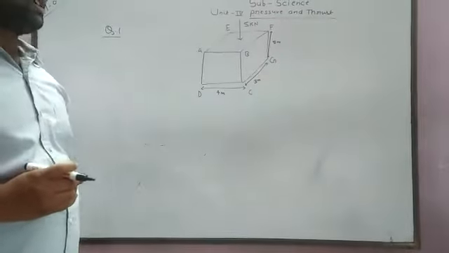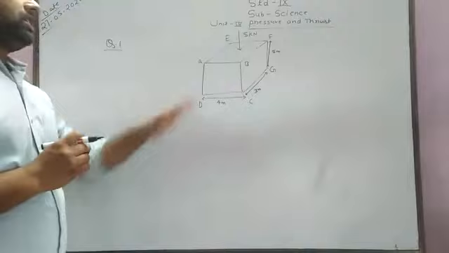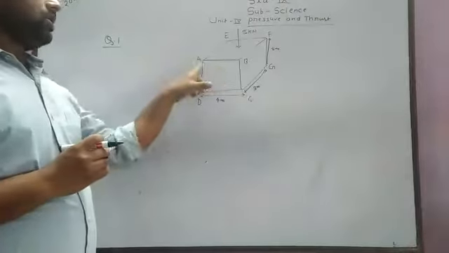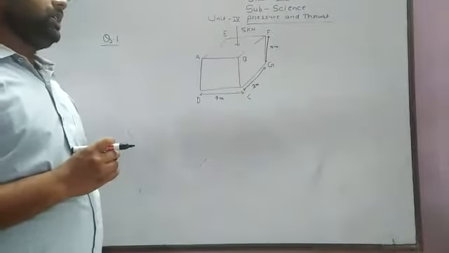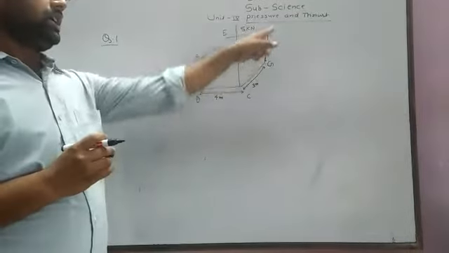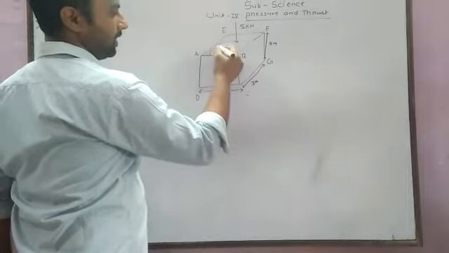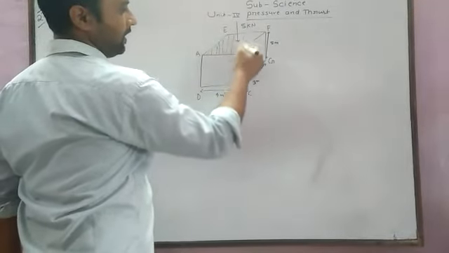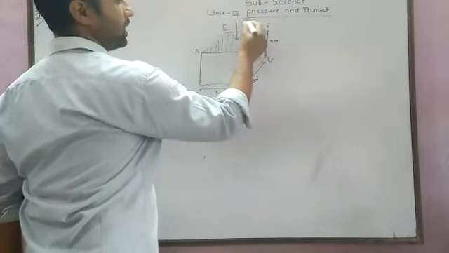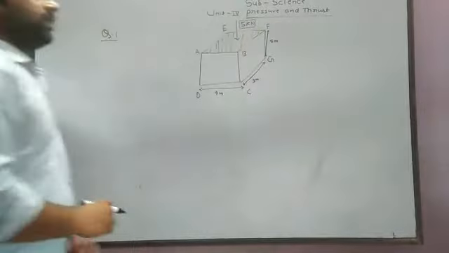These dimensions are given of a block. Now the force is applied on the face A, B, F, E. This is the face in which the force is acting, 5 kilonewton.